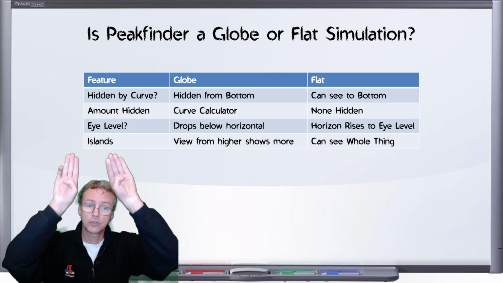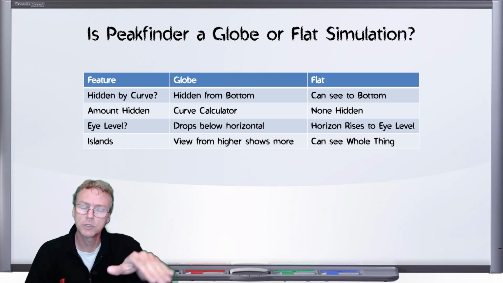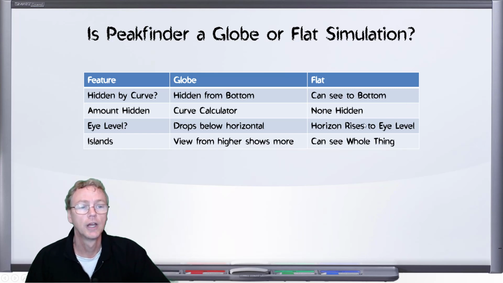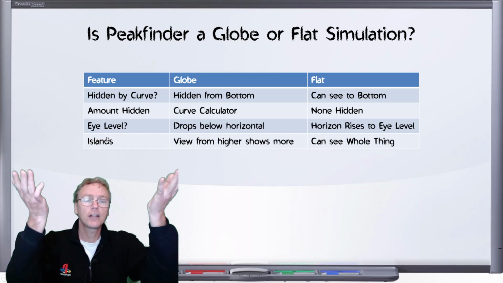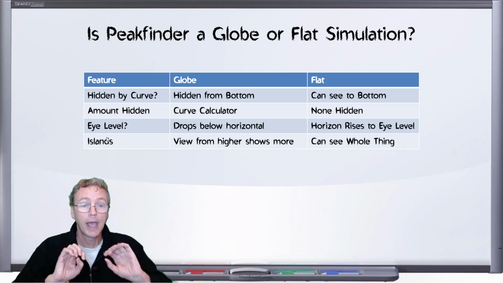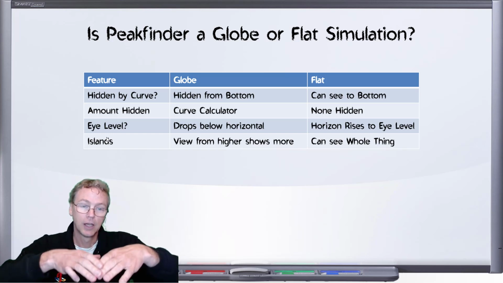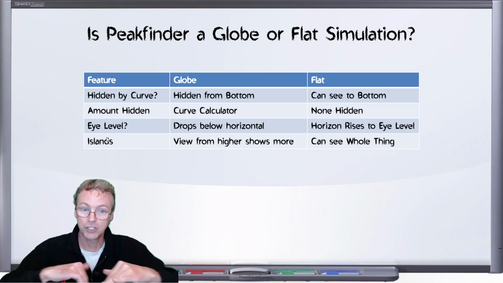So if we see things dropping below horizontal, that's a globe feature. If they do not, that's a flat feature. And lastly, seeing more. We're going to be looking at islands. If I raise the altitude and look down, am I able to see more of the shoreline?